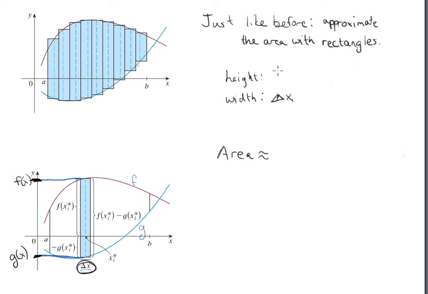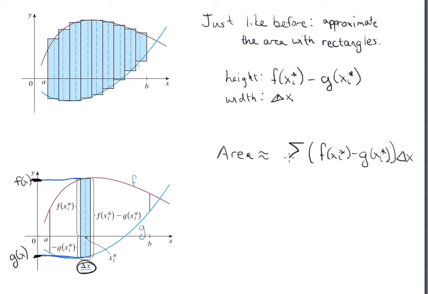So that means the height is f of, we'll go ahead and use xi star for the particular x value, minus g of xi star. Width is delta x, so that means the area of the rectangle is the height times the width.